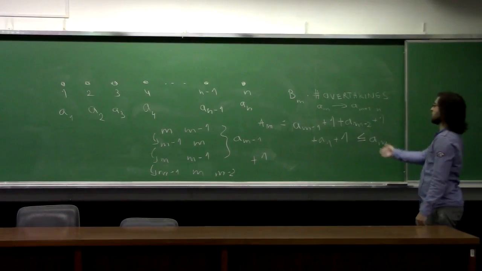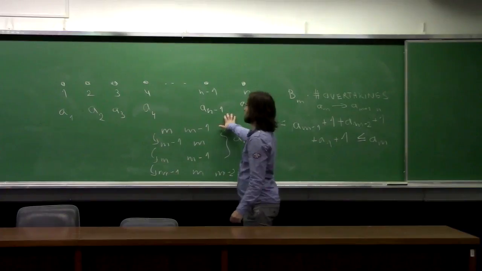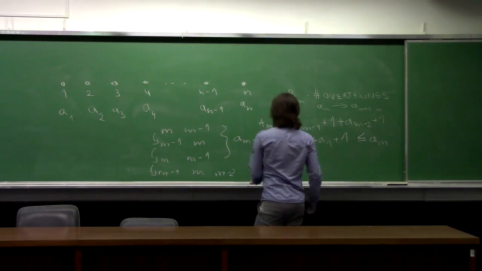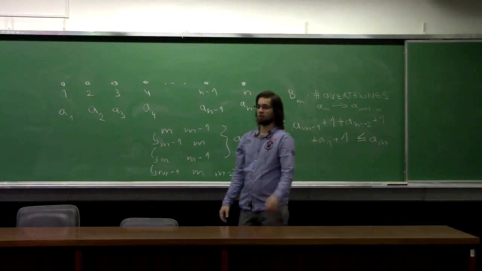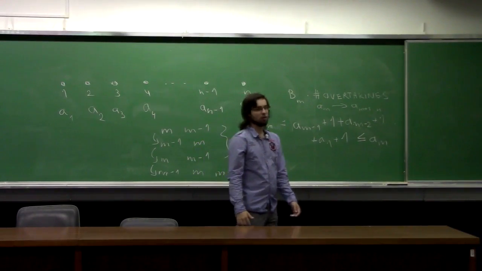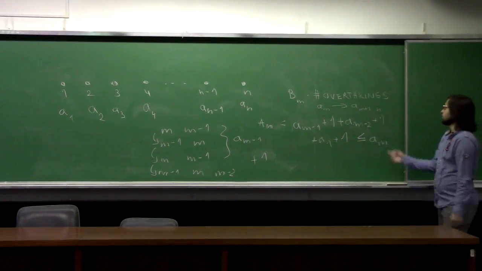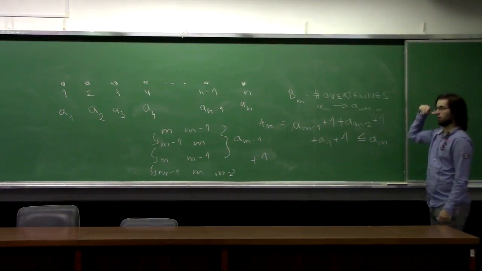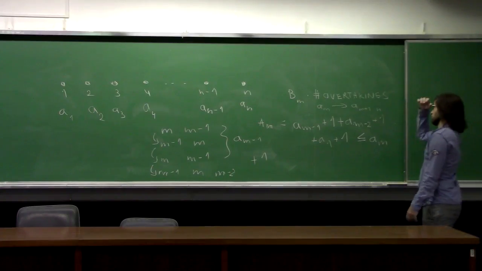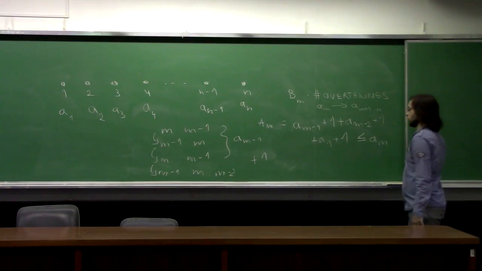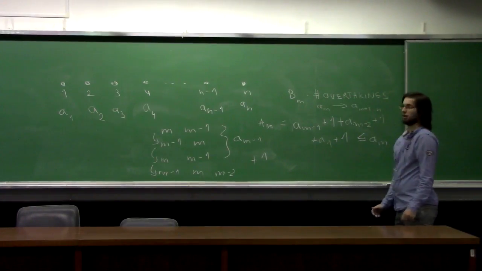It might not be possible to get any such overtaking, possibly. For example, if the cars that started after this M car have all a_(M+1) is 0, a_(M+2) is 0, up to a_N, which is 0, then there is no way for any of these cars to get in front of car M, so B_M would have to be 0, because car M wouldn't be able to overtake any of these cars again.